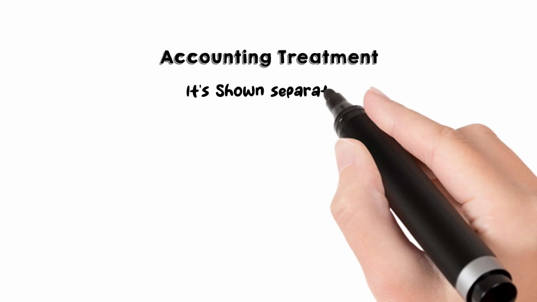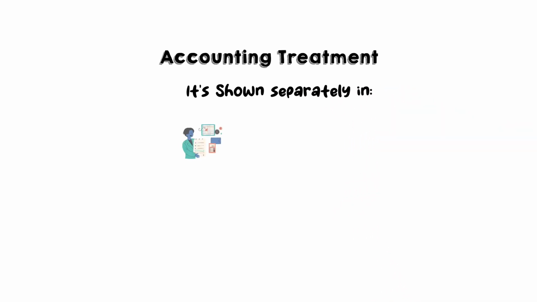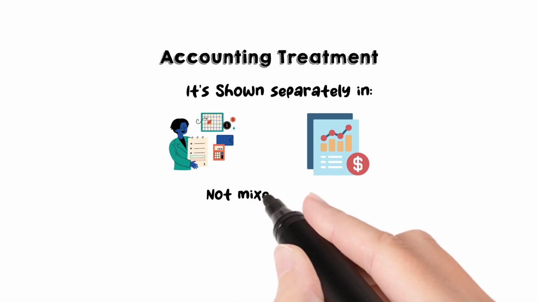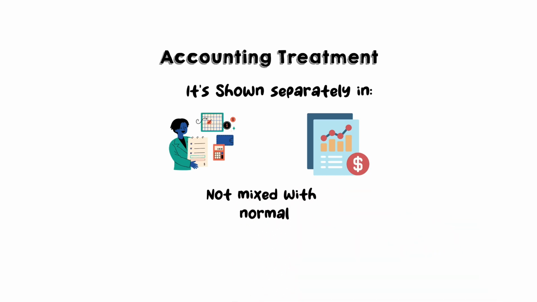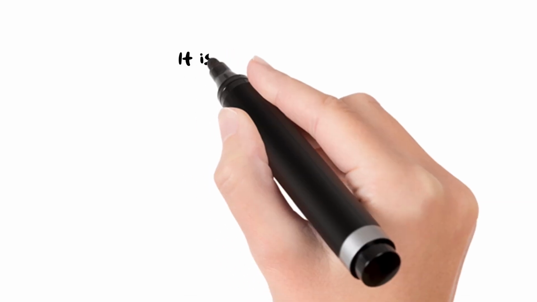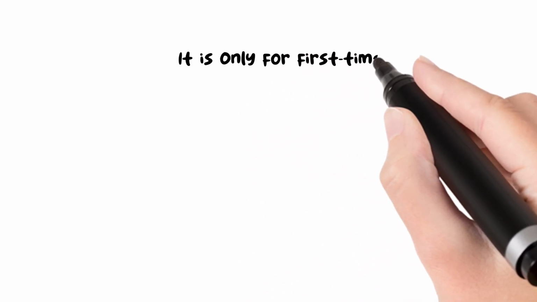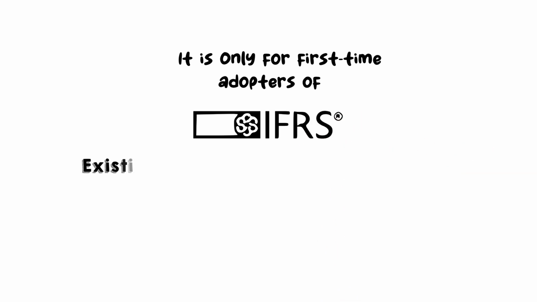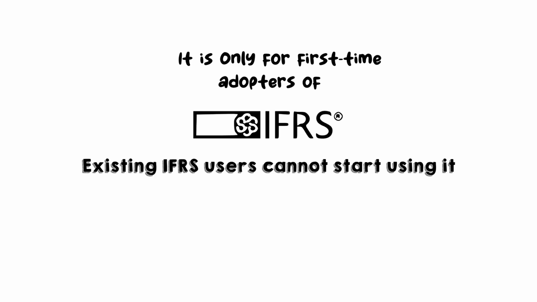Accounting treatment: it's shown separately in the balance sheet and profit and loss accounts, not mixed with normal assets and liabilities. It is only for first-time adopters of IFRS. Existing IFRS users cannot start using it.